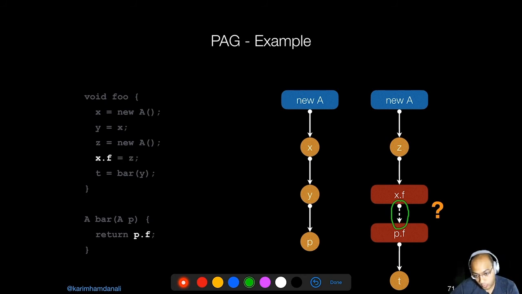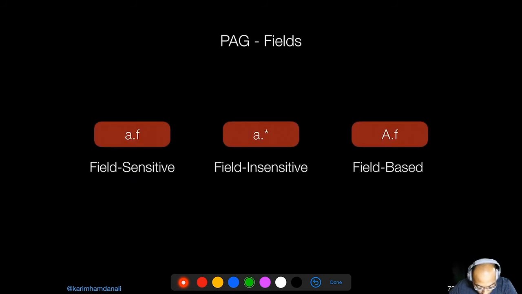So let's actually walk through the solution that Ridwan just wrote on the chat. And we'll go through it step by step to figure out exactly how we can deduce this from the analysis, even though it might not be that obvious just looking at the pointer assignment graph as such. So before we do that, we need to talk about the differences between handling fields in different ways, three main ways to handle fields in an analysis.